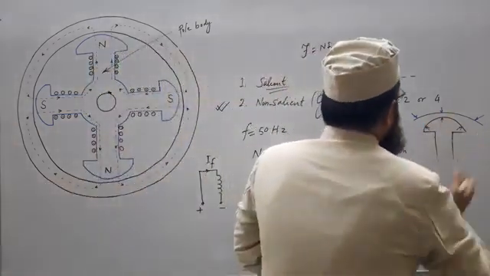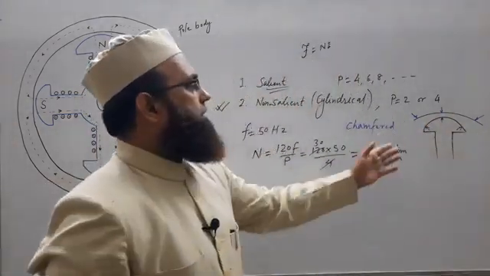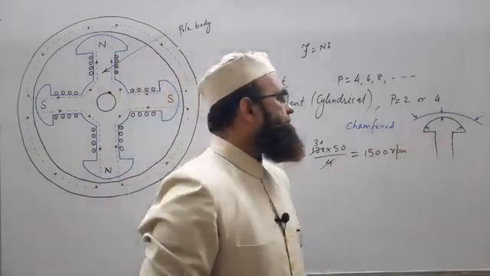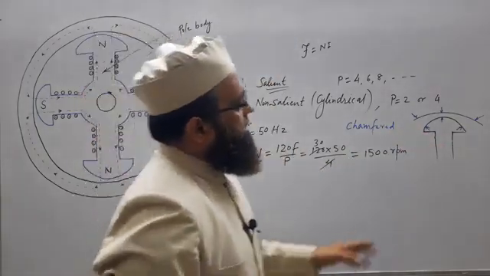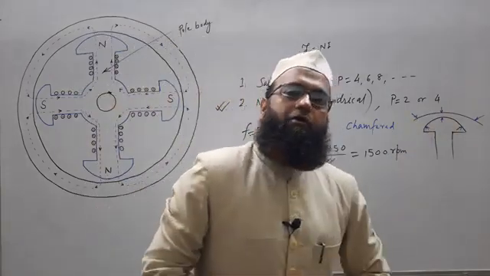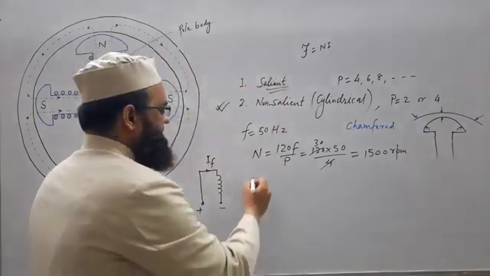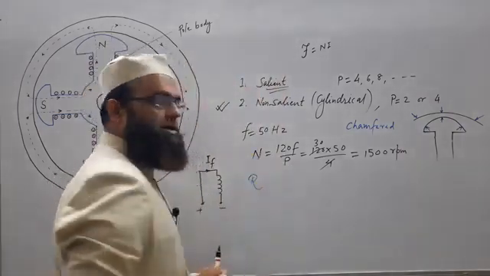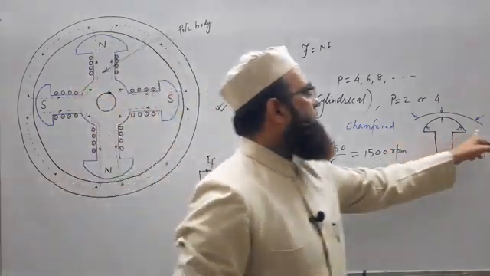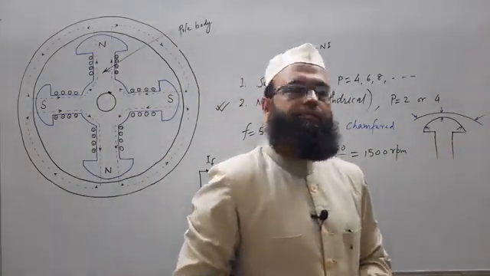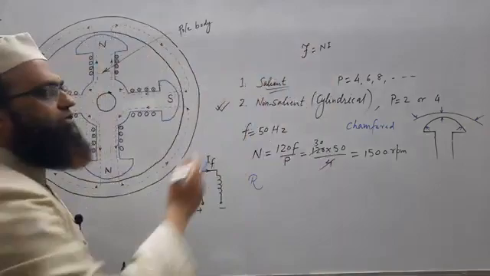So why do we need to chamfer a pole in the case of a salient pole rotor? The portion where the air gap is minimum, reluctance will be minimum, and the portion where the air gap is more, reluctance will be more. So what will be the effect on fluxes?